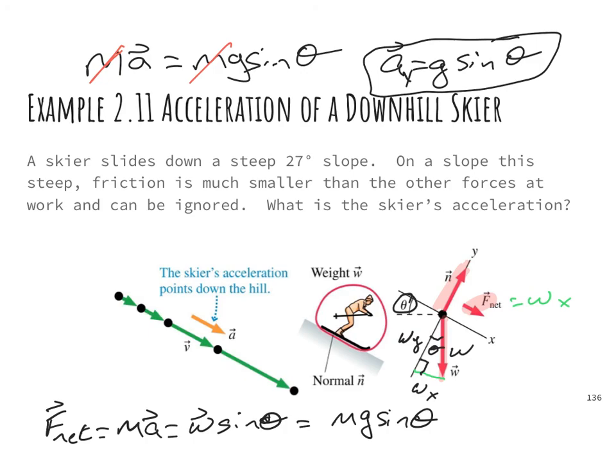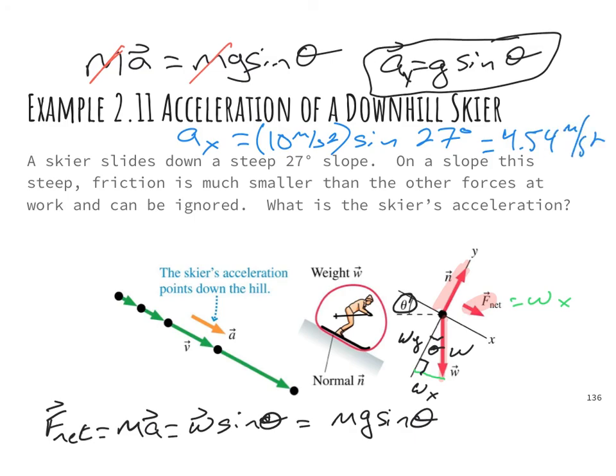So, running out of room, the acceleration in the x direction equals 10 meters per second squared times the sine of 27 degrees, which when I plug that in my calculator, gets me right around 4.54 meters per second squared.